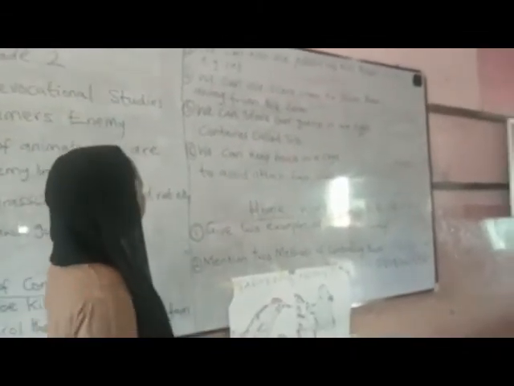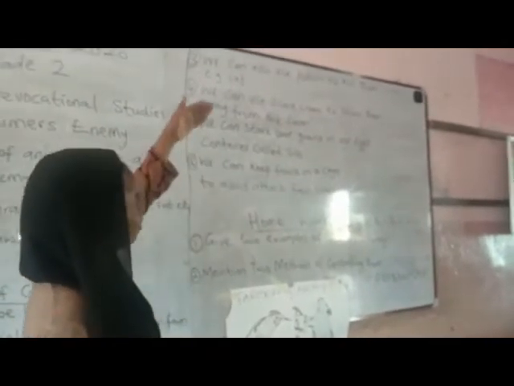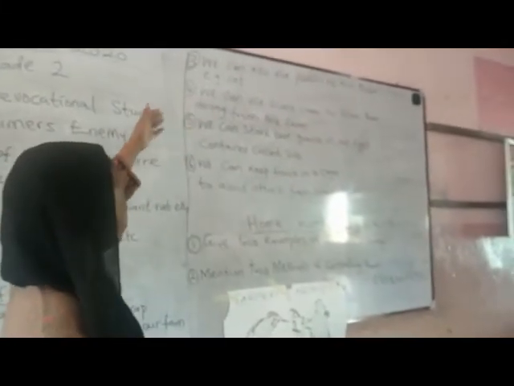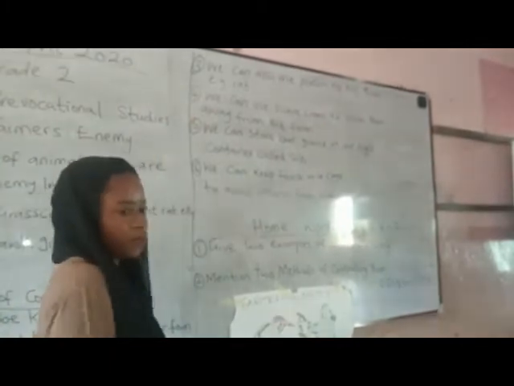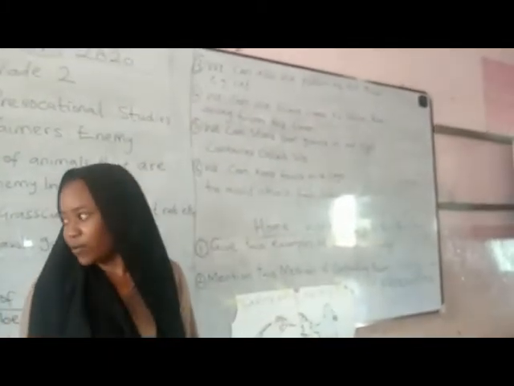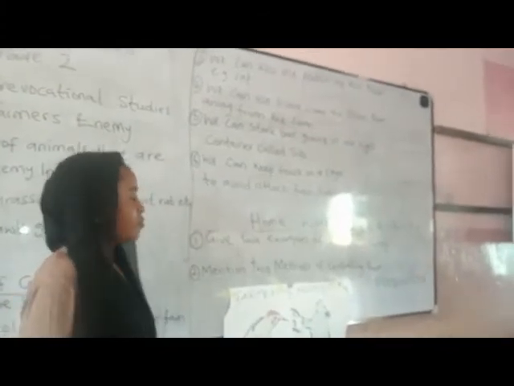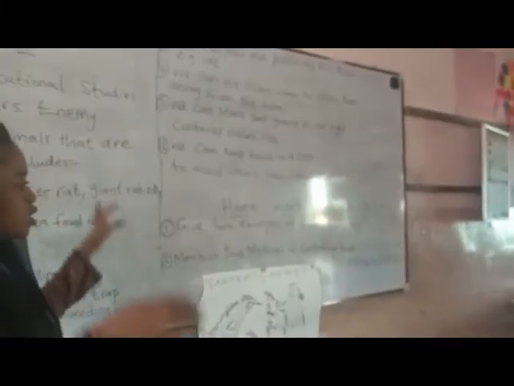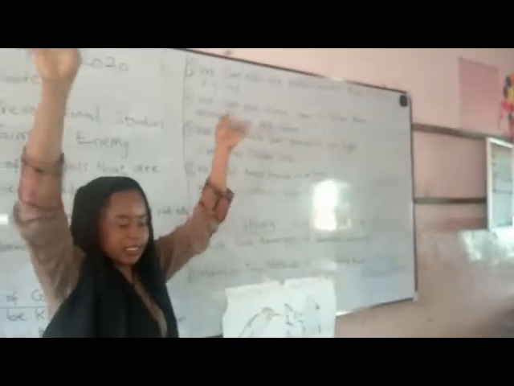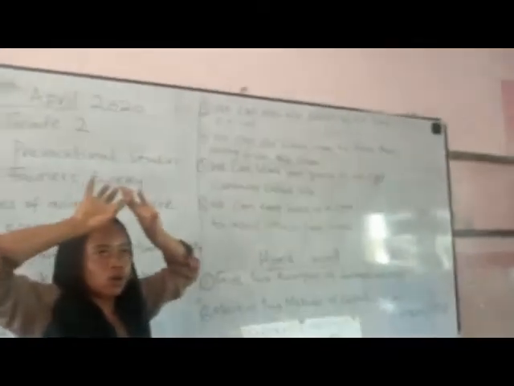Number four, we can also use scarecrow to scare them away from the farm. Class, do you know scarecrow? How many of us have been to the farm? If you have been to the farm, you see a farmer, they will carry a stick. They will put on a cloth on the stick and a cap, just like human being.